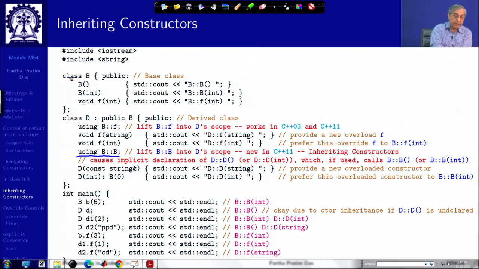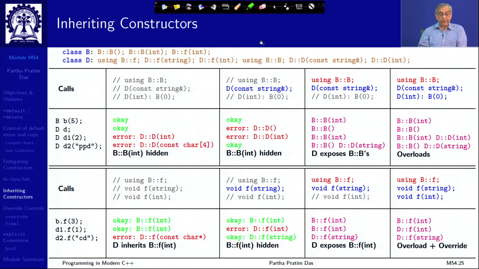Which means that these two, that is a default constructor of D and a parameterized constructor of D with int, are available at this point. Then it depends on how you override it, how you overload it, and that will take the effect. So, that is the inheriting of constructors.